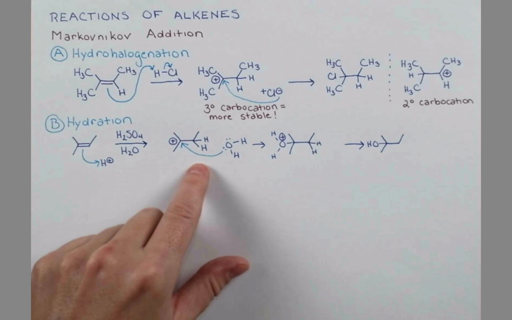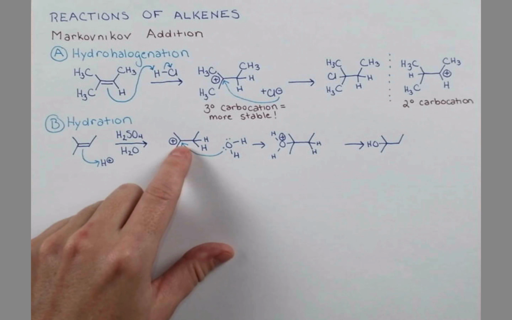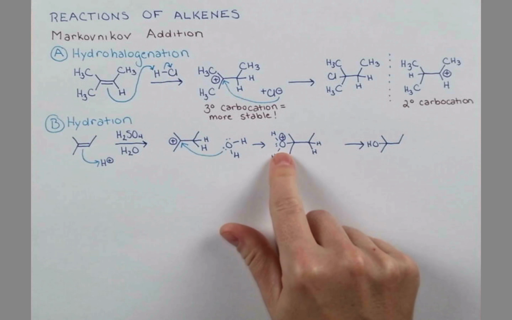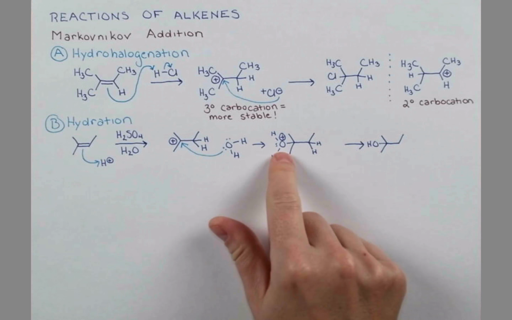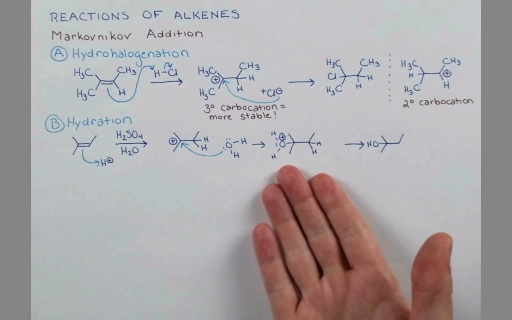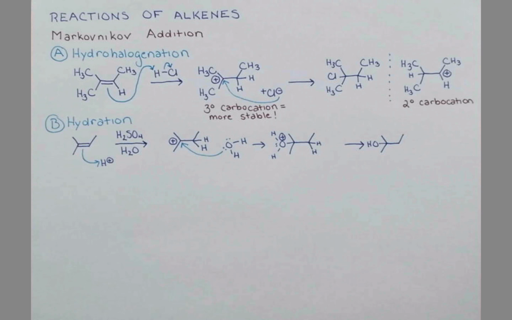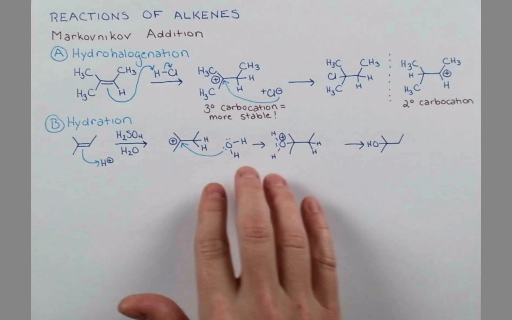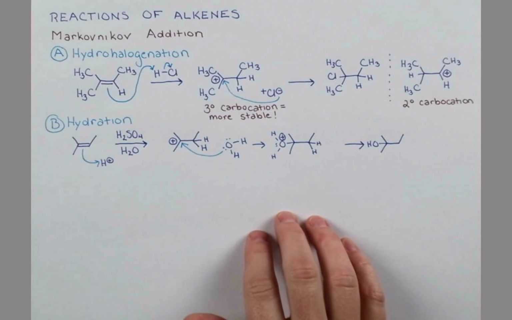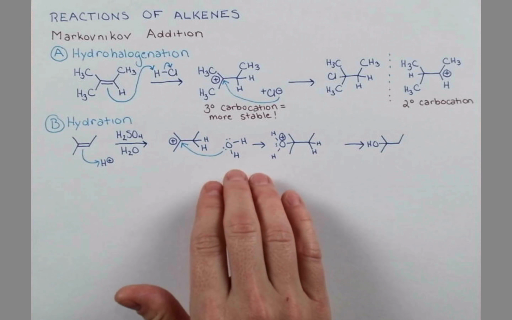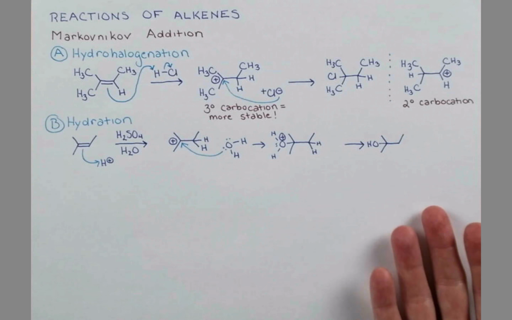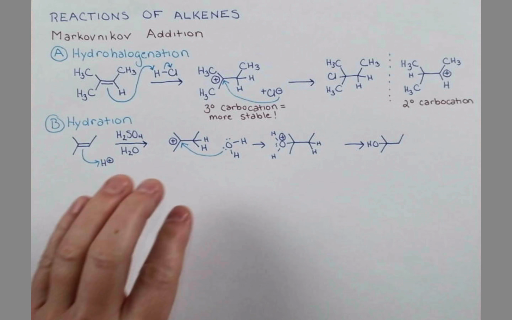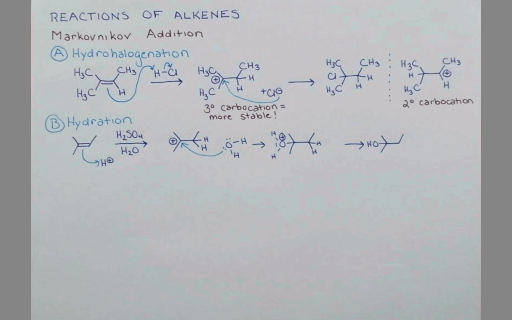Well, when it shares a lone pair, it only has 5 electrons that it owns around it, the lone pair and half of each of these 3 bonds. So this is positive. And this truly holds in every mechanism you'll ever write, that if you have a positive reacting with a neutral, you get a positive; a negative with a neutral gives you a negative. So make sure you're checking every step for your charge balance.